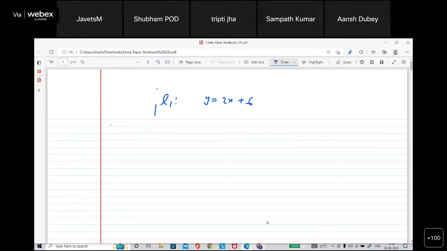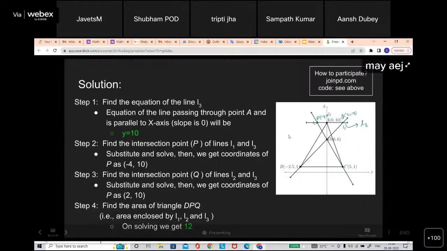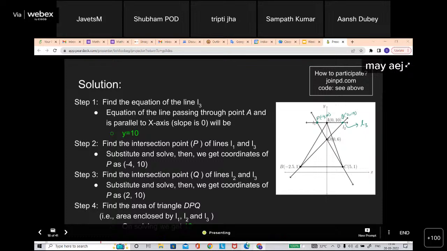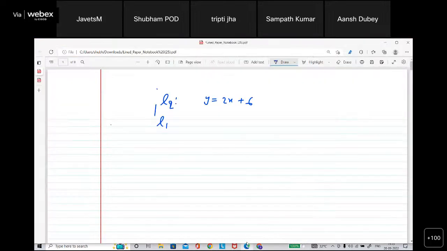This line is L2. What is the equation for it? x + y = 6, so y = -x + 6. So now we have L3 as y = 10.